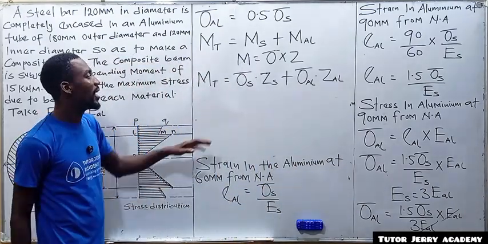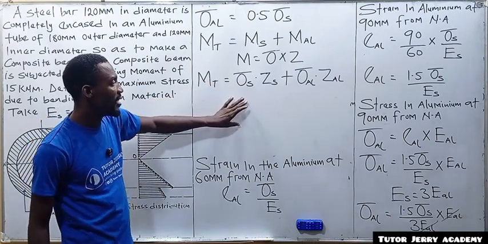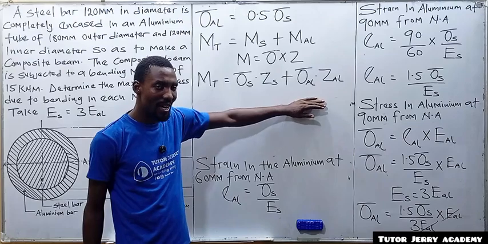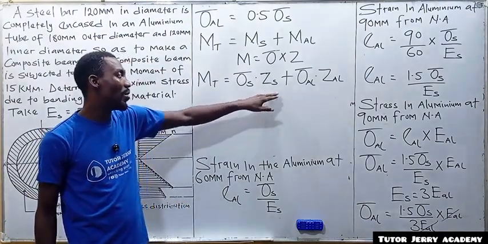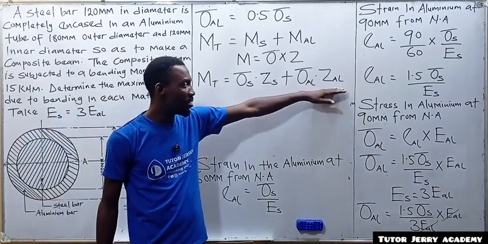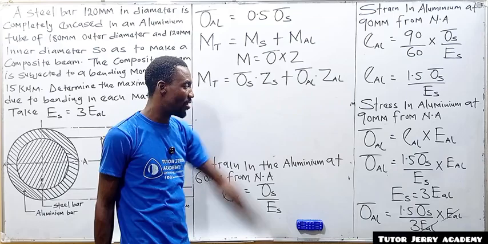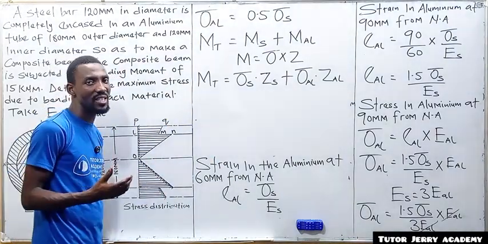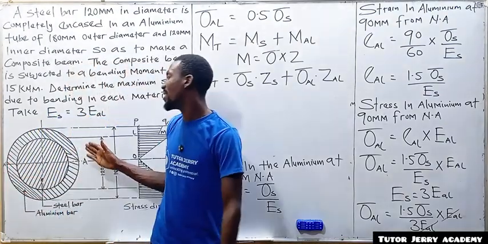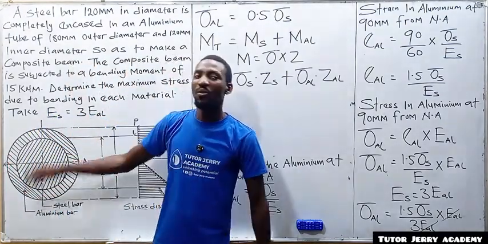Now we already have the stress in the steel and the stress in the aluminium, so we just need to calculate the section modulus of the steel and the section modulus of the aluminium. Let's go with the steel first, because what we are dealing with here is circular in nature.